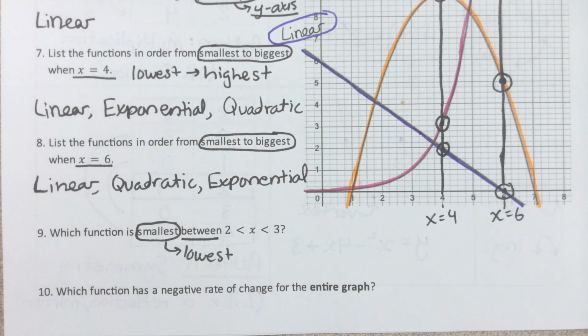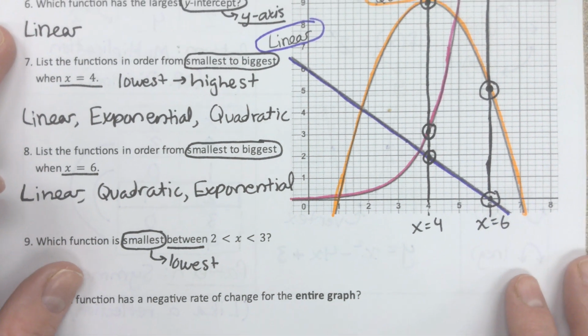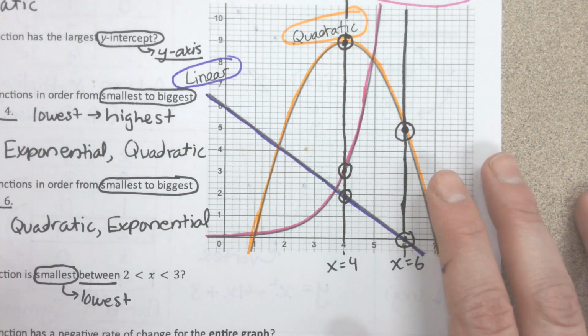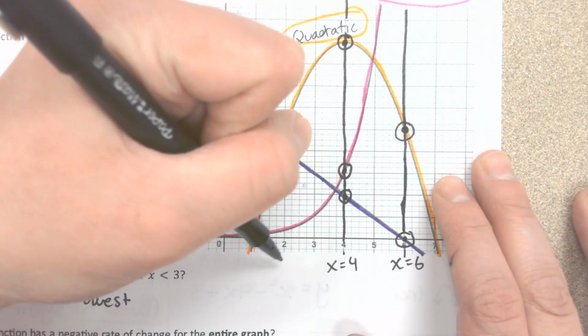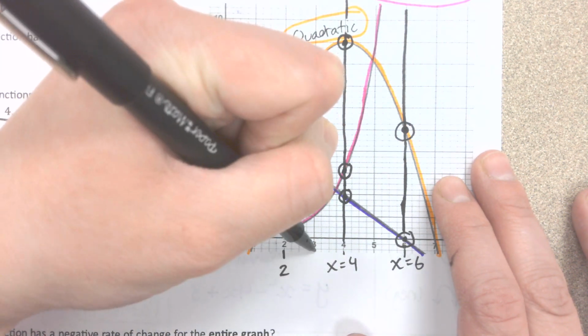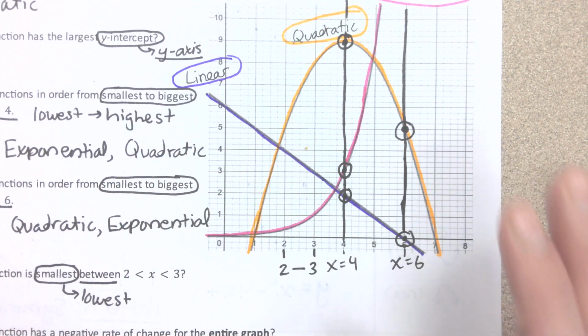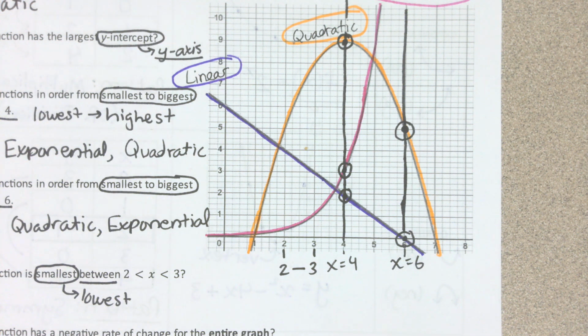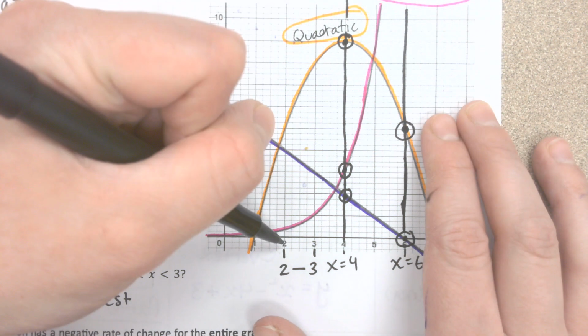Which function is smallest? So here's how I look at it. I'm going to identify both of these numbers. Here is 2 and here is 3. So we're doing that range of graph, that section of graph. I'm going to draw both of those vertical lines.